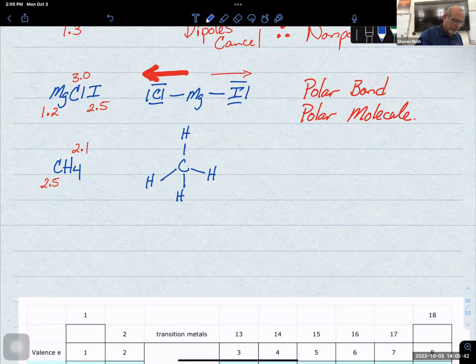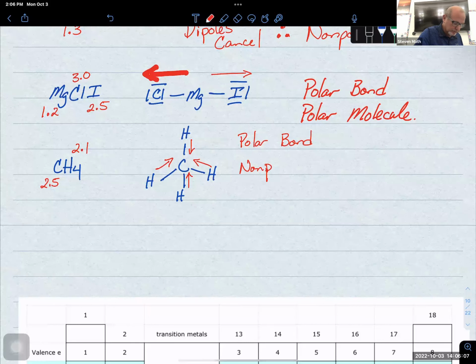And this is 0.4. The arrows are all going in. Methane has polar bonds. And because of the symmetry, dipoles cancel. I'm also going to have a nonpolar molecule.